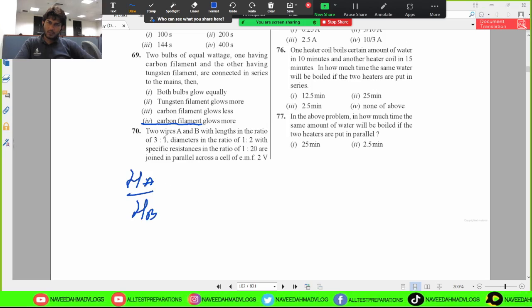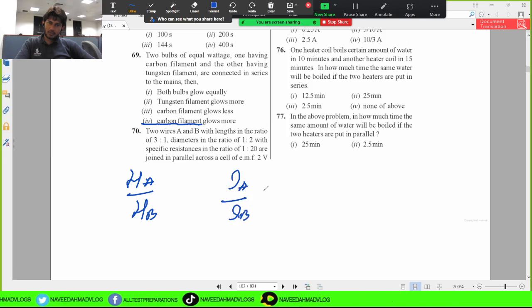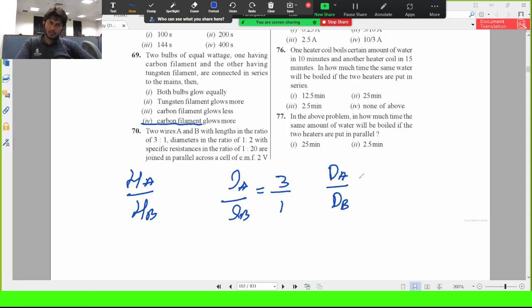Over here the length given to you, LA divided by LB, is 3 divided by 1. Diameter is given, DA divided by DB, that is 1 divided by 2.